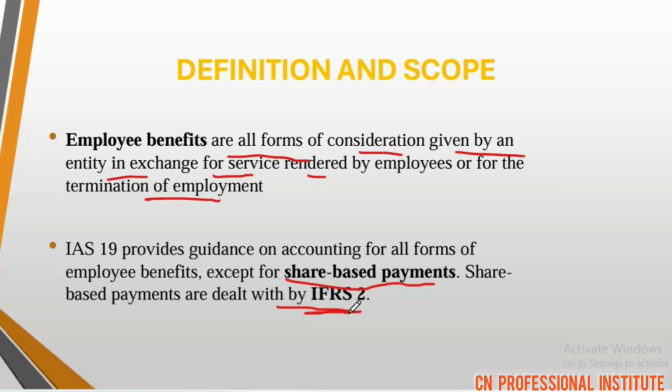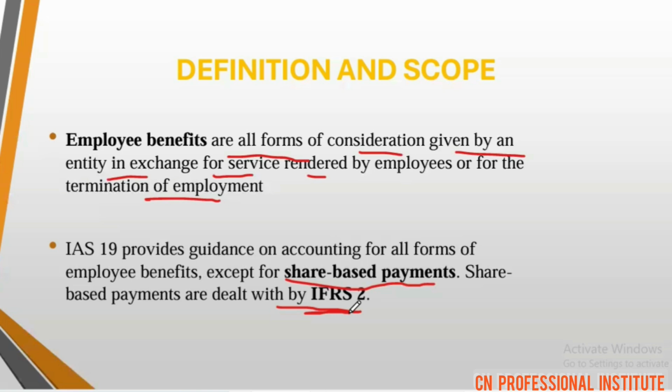These standards are corporate reporting or strategic business reporting standards, so they are not normally tested in financial reporting, but they are normally tested in corporate reporting or strategic business reporting. So we'll cover them. That is the scope of IAS 19. It applies to all benefits accruing to employees, except share-based payments.